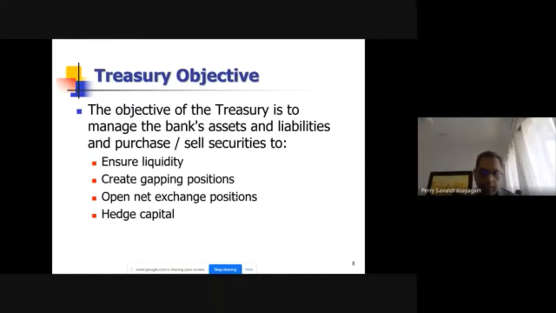Let's put it this way. The front office reports to the treasurer, that's not an issue. The middle office, if it's risk limits and limit structures and managing the bank's risk, will report to the CRO.